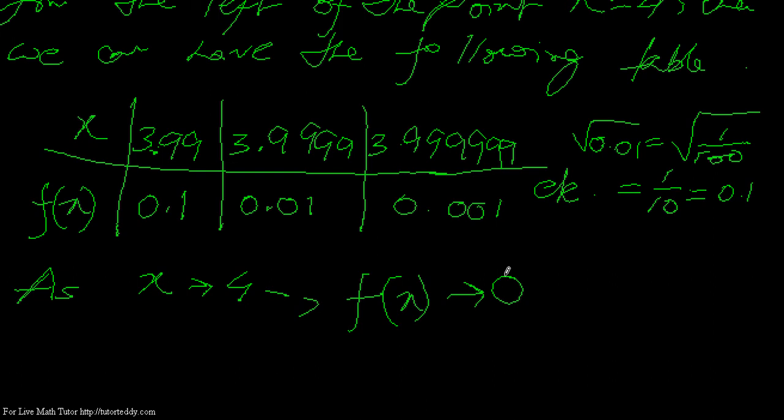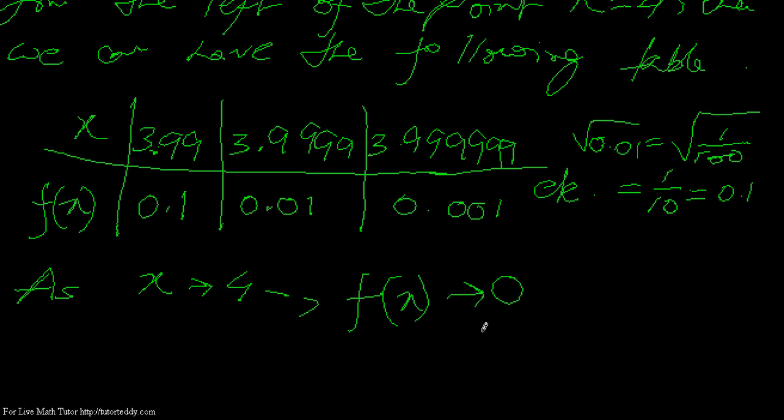That is, the numerical difference between the value of f(x) and 0 can be made as small as we like, and we can write it this way: f(x) tends to 0 when x tends to 4 minus.